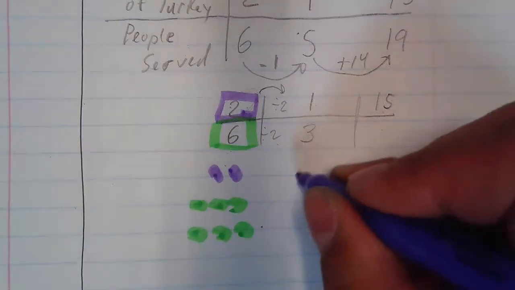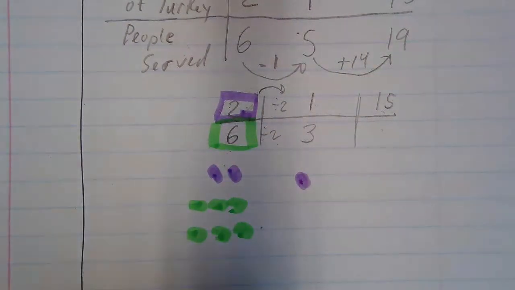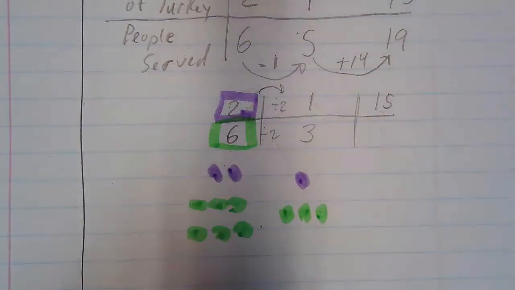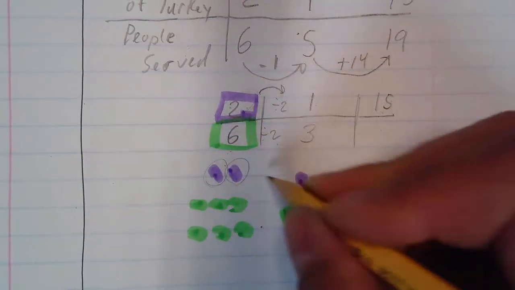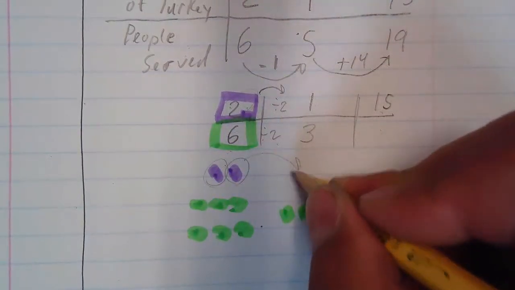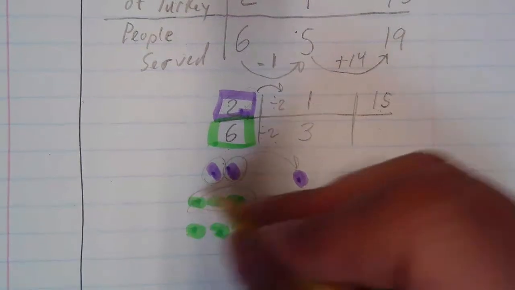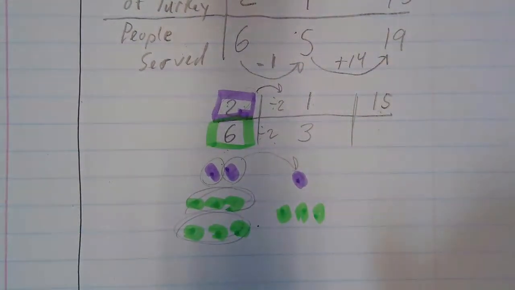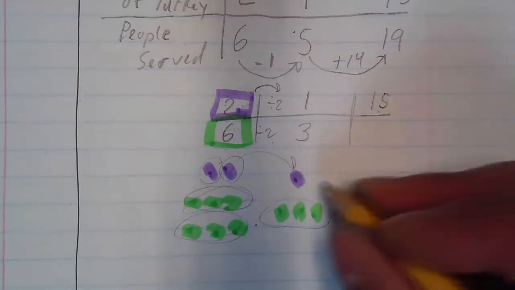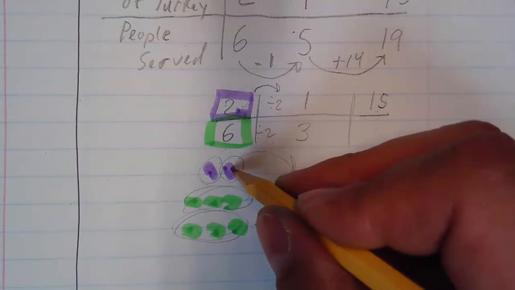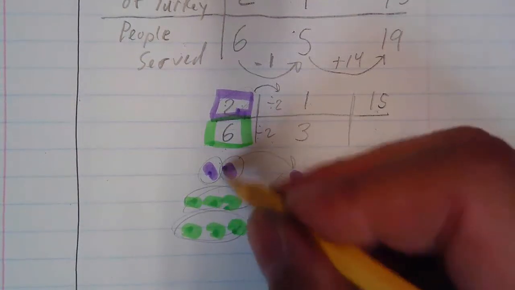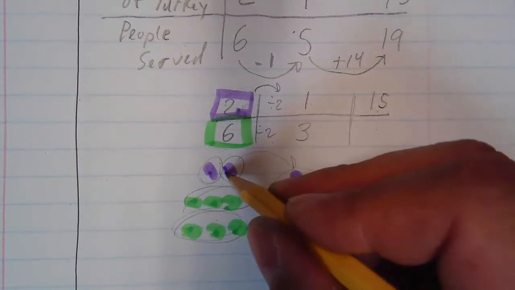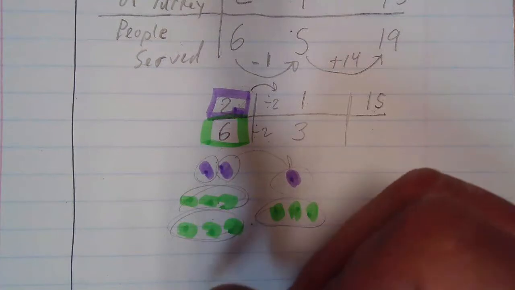So now I have 1 group and 3 groups. Again, 2 groups of 1, 2 groups of 3. All right. The relationship, if you notice, 2 to 6 is 1 to 3 twice. Here's my 1 to 3. Here's my 1 to 3.